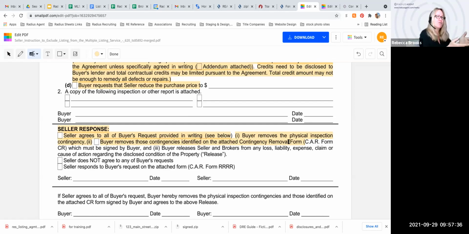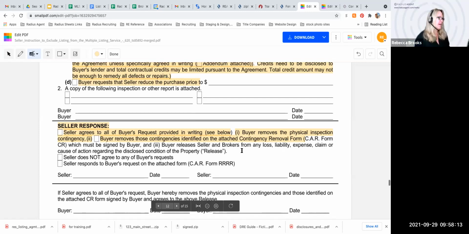However, in this case, this form says that I'll agree if you remove the contingency subject to the attached contingency removal that I'm giving you to sign. Okay, and so that can be a little confusing. If you are a buyer and you are using this form, you could probably prepare yourself a blank contingency removal, just send it over with the form, don't have your buyer sign it yet, but you're saying to the seller, hey, if you agree to this request, then I will send you a signed version of this contingency removal, right?